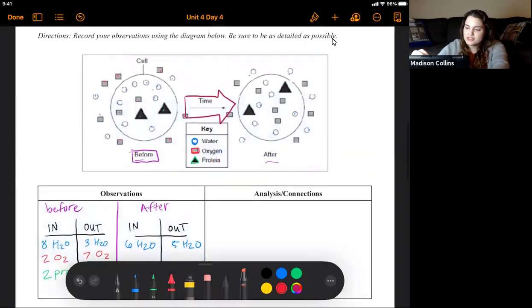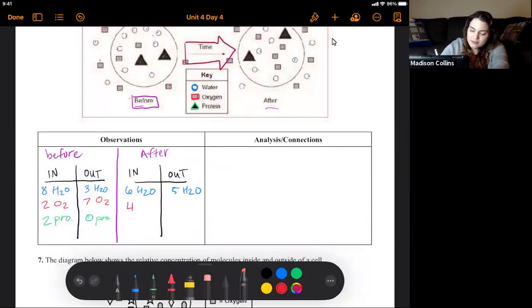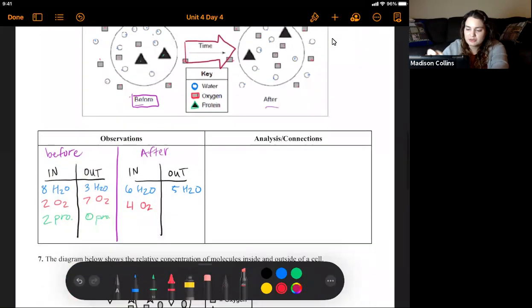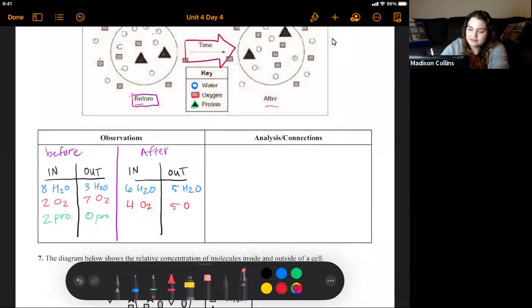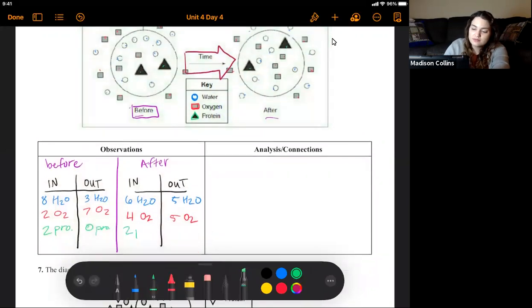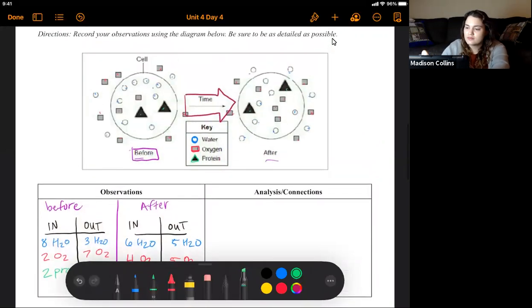For oxygen, we have 1, 2, 3, 4 molecules of oxygen inside the cell and 1, 2, 3, 4, 5 molecules of oxygen outside the cell. Finally, for protein, I still see that we have 2 molecules of protein inside the cell and 0 molecules of protein outside the cell.